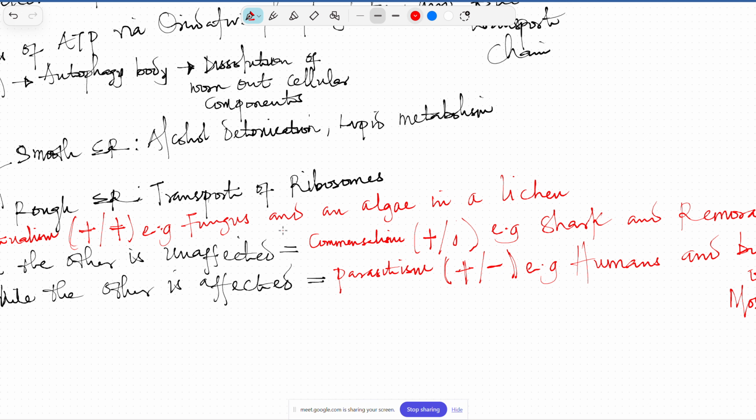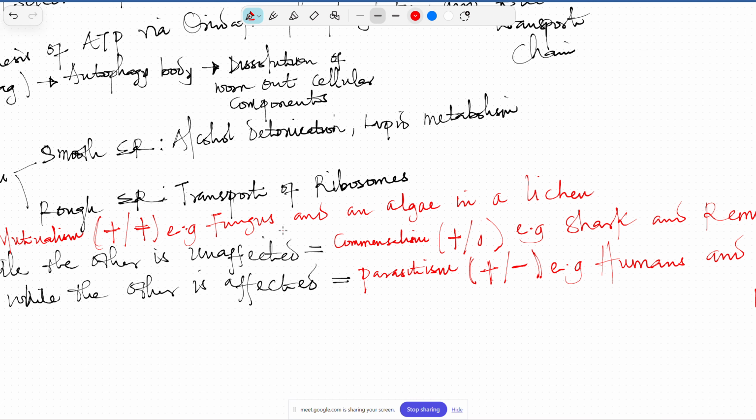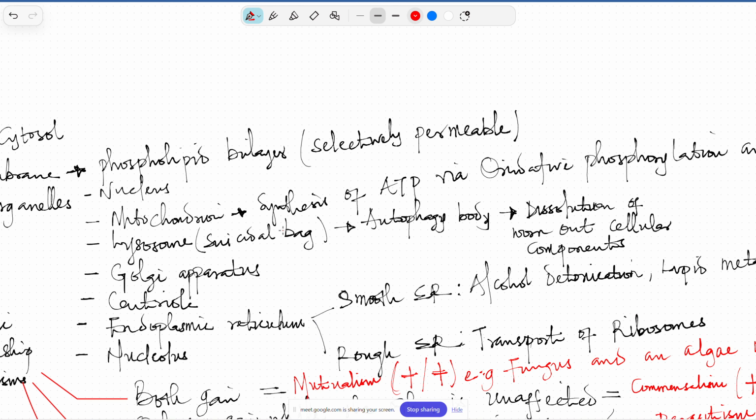The algae manufactures the food, and once it has been manufactured, they both utilize it. The algae uses some of the energy, while the fungus also feeds on these food substances. You get what I'm saying.